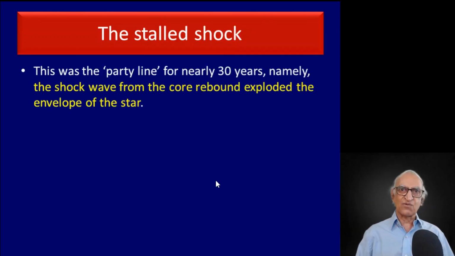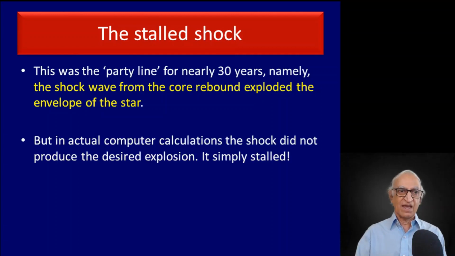So that was the party line for more than 30 years. To repeat once again, the shock wave from the core rebound exploded the envelope of the star. Sounds very logical and very convincing. But in actual computer calculation, nothing like this happened.